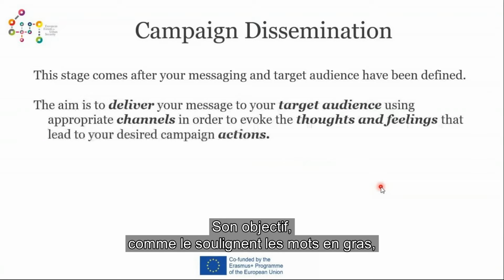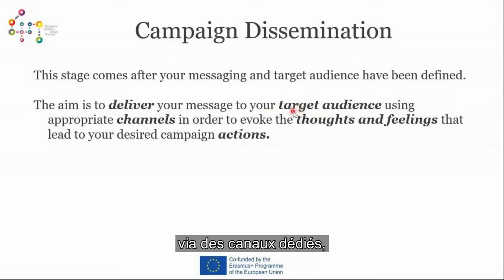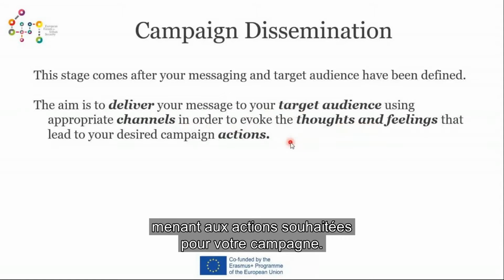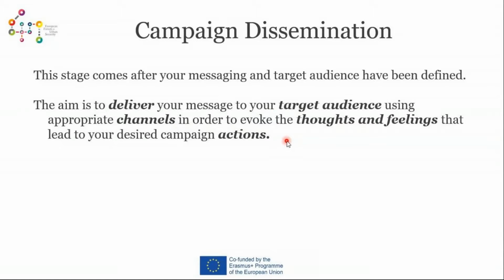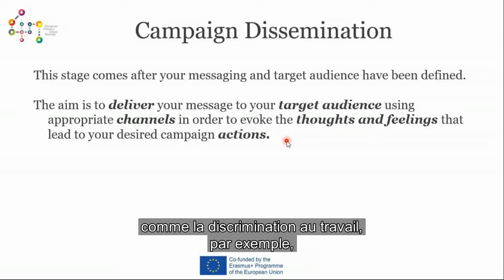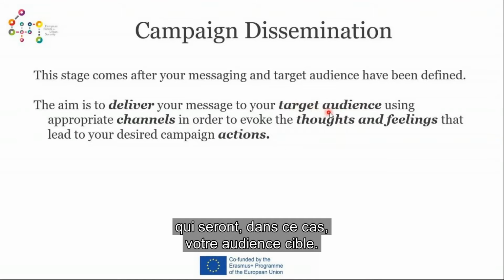And the aim of dissemination, I've highlighted some words here, is to deliver your message to your target audience using appropriate channels in order to evoke the thoughts and feelings that lead to your desired campaign actions. So you would be delivering your message, which may be about, for instance, ending workplace discrimination, to hiring managers, and those hiring managers are your target audience, for example.